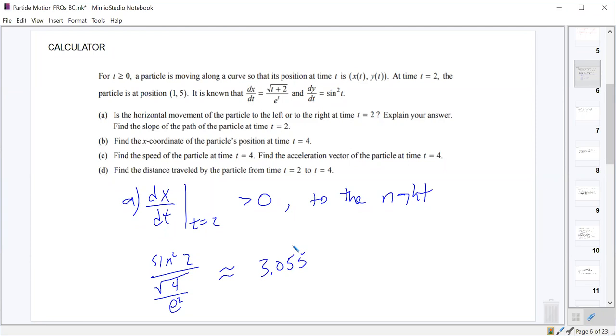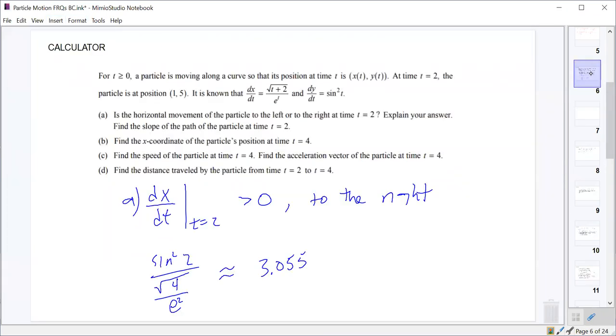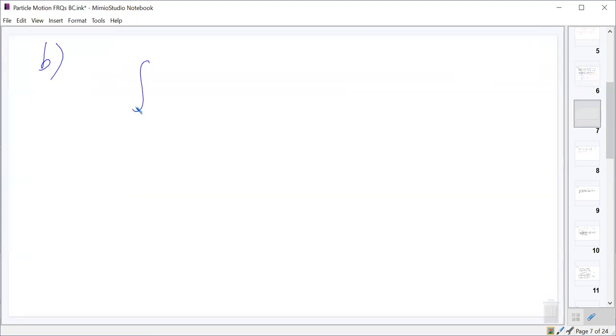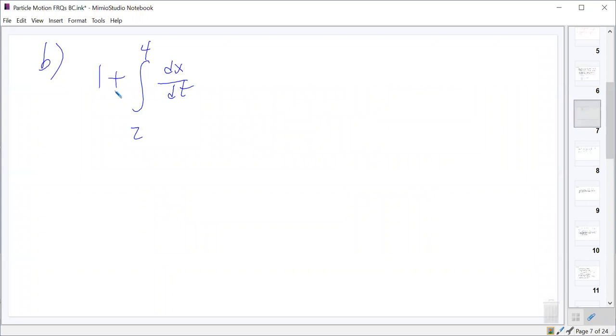All right. Part B. We want to find the x-coordinate of the particle's position at t equals 4. So we're given a position at 2, so we're going to integrate from 2 to 4 to find the displacement from 2 to 4. And it was just of the x part, right? That's all it asked for? Yeah. So then we need to add our initial condition of 1. So 1 plus this x.